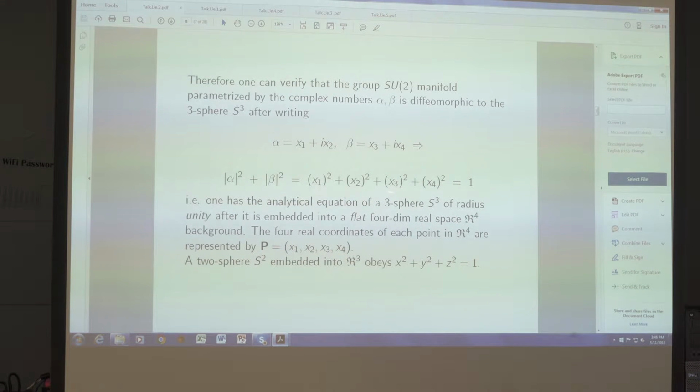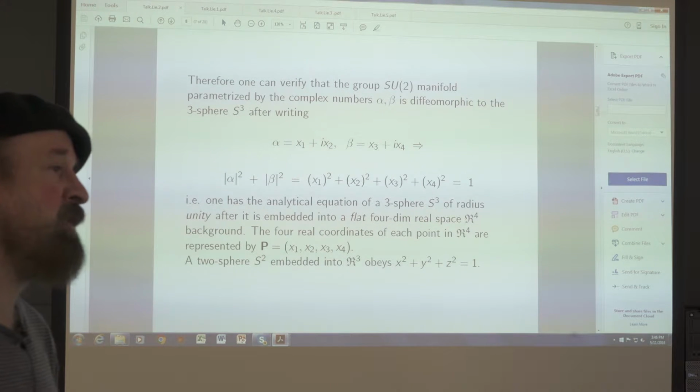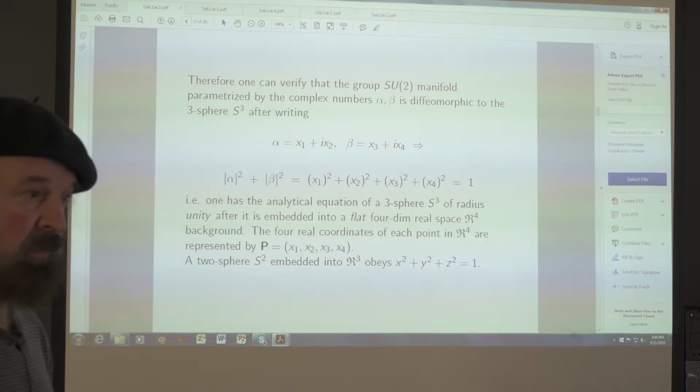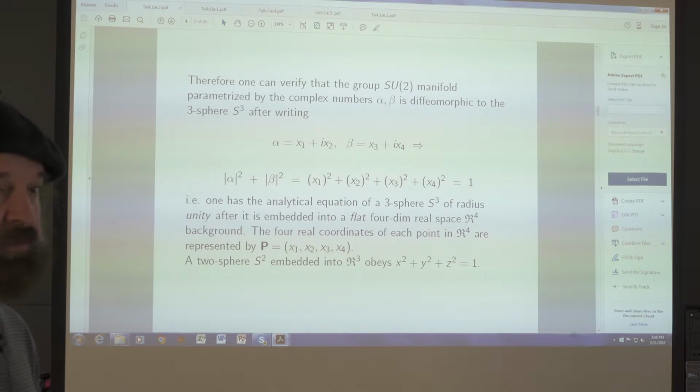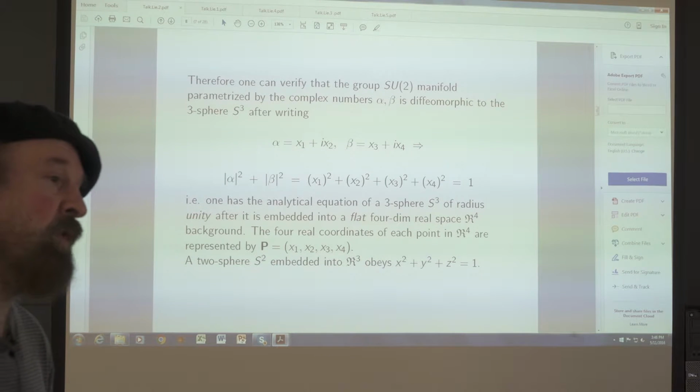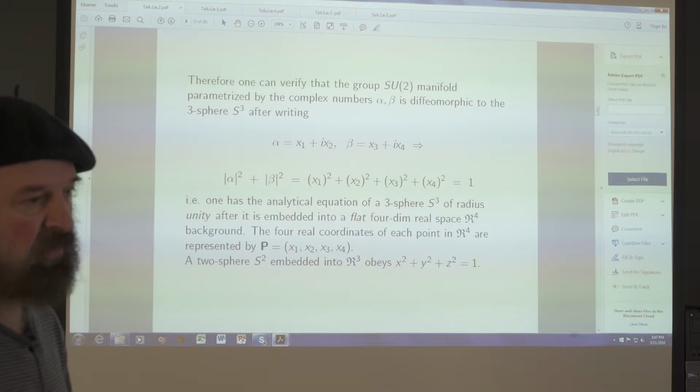I have 4 coordinates, but because I have this constraint, the norm of these vectors is constrained to 1. What I have is a 3-sphere in 4 dimensions. The reason I have 4 real dimensions is because I have 2 complex degrees of freedom. SU2 is related to a 2-dimensional complex space, which is like having 4 real coordinates.